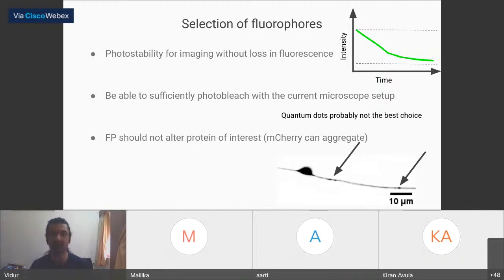For all experiments, the higher the signal, the higher will be your confidence in the experiment. So it does depend on the quantum yield of the fluorophore. However, in case of FRAP, you can always increase the laser power, or let's say express a bit more protein such that you can have sufficient fluorescence to assess from.